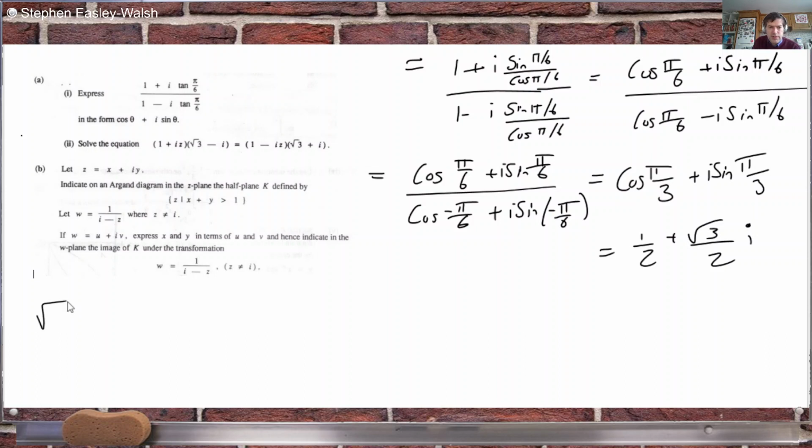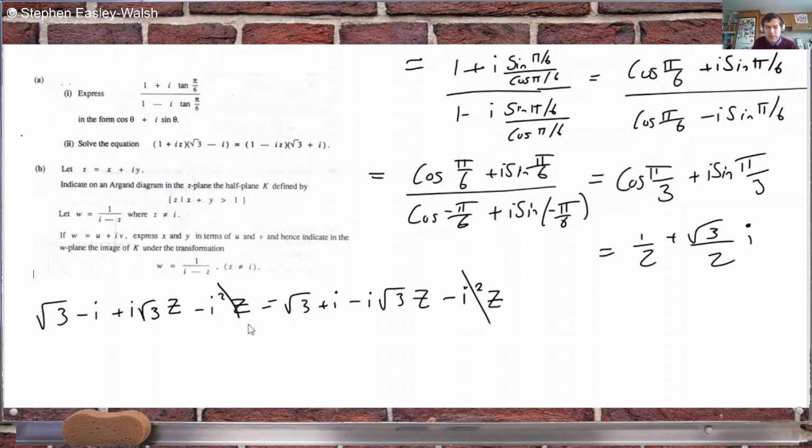So that becomes root 3 minus i plus i root 3 z minus i squared z equals root 3 plus i minus i root 3 z minus i squared z. Well, they cancel, that's good.